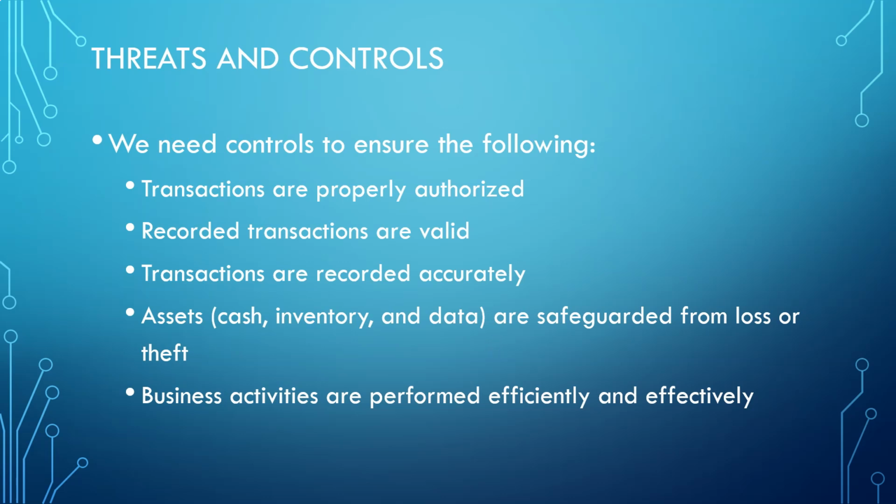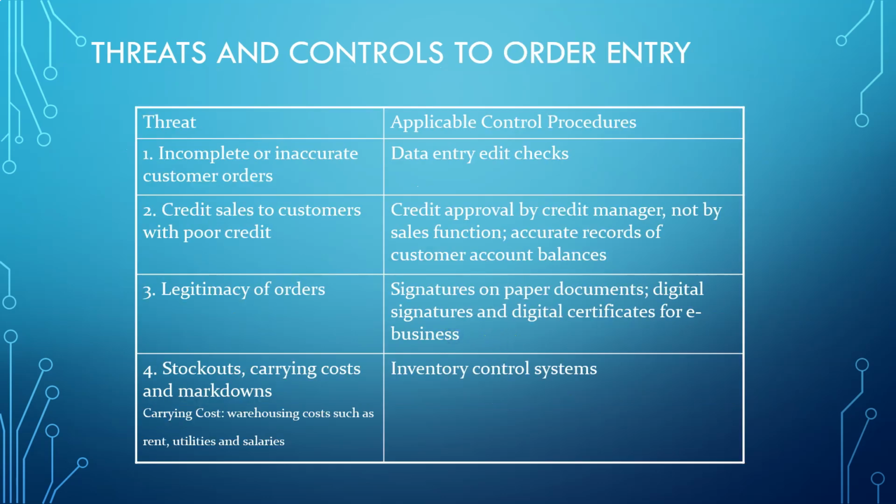To manage customer accounts, we need controls to ensure that transactions are recorded accurately and properly authorized. There should be safeguard controls to protect assets from loss or theft. Policies, procedures, and standards will ensure that business activities are performed efficiently and effectively.